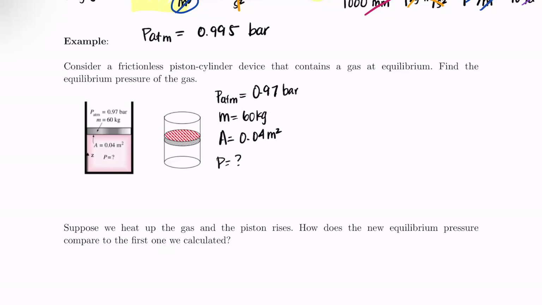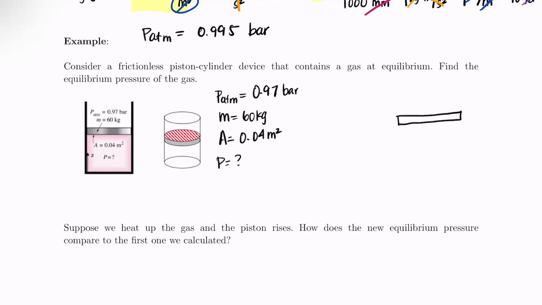Any ideas about how we should start this problem? No thoughts? Yeah. Yes, I love it. Remind me your name again? Wade, great. Yes, so we're gonna do a free body diagram for our piston.